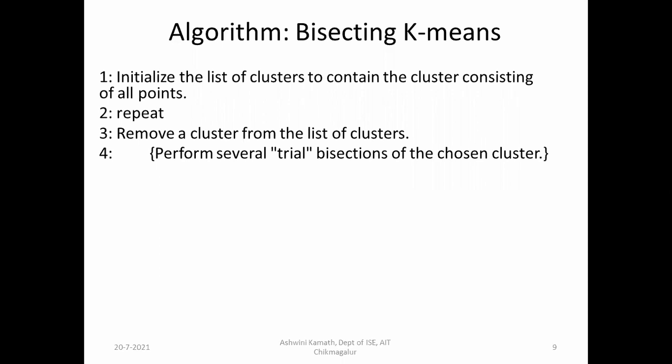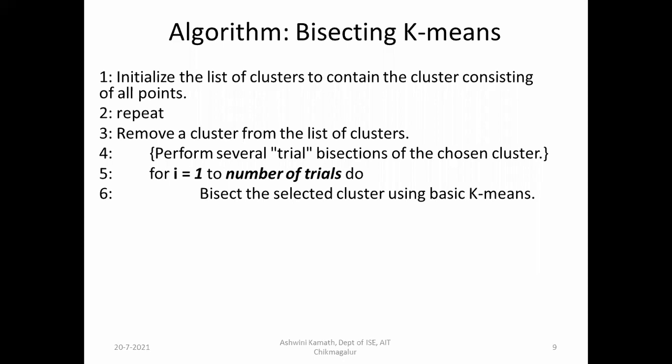Bisection means dividing. Perform trial bisections of the chosen cluster, for i equal to 1 to the number of trials. Bisect the selected cluster using the basic K-means algorithm, that is, by selecting the centroids and dividing the points into different clusters.